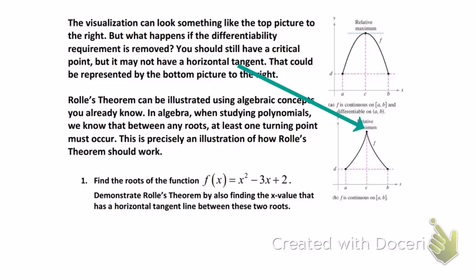So look what this first little question is saying. It says, find the roots of this function. So the first thing I'm going to do, no, just the roots. Where does it cross the x-axis? So I write my function down. I can factor it.